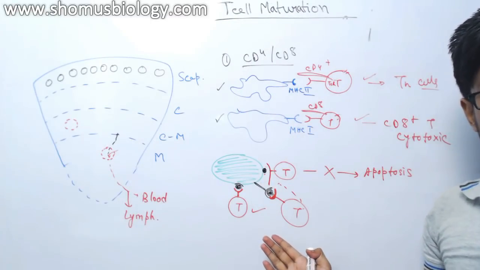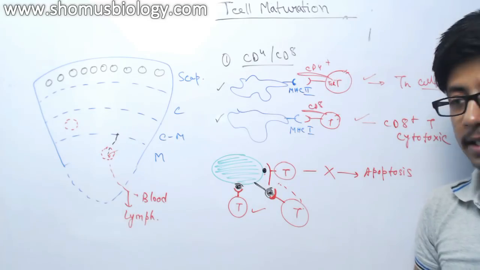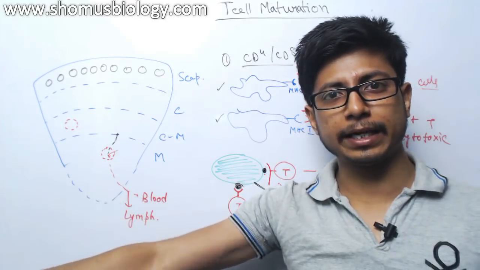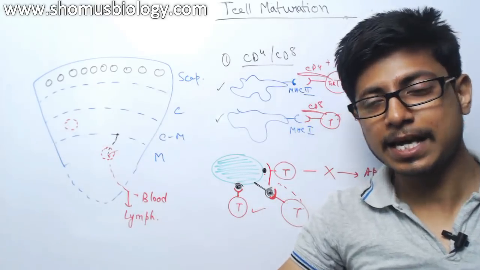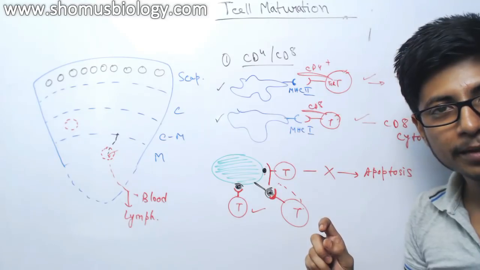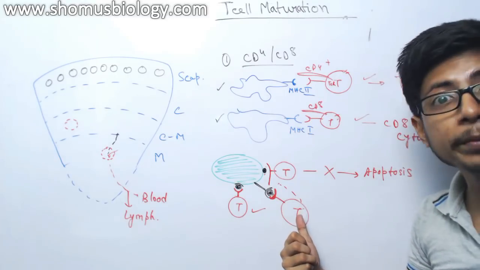This is wrong, because they are super active in this sense, they can't recognize it as self. So even though it recognizes it very tightly and holds the self molecule as a pathogen and starts doing those pathogenic responses against it, trying to kill it.